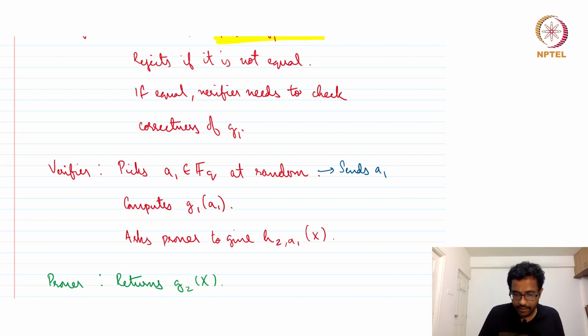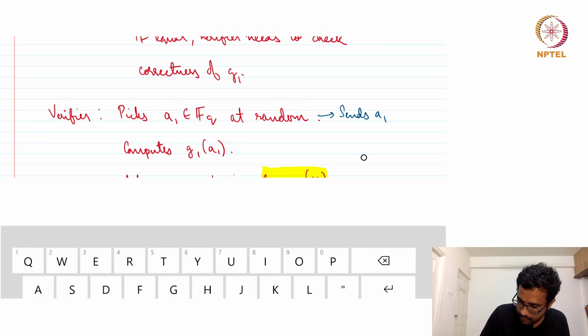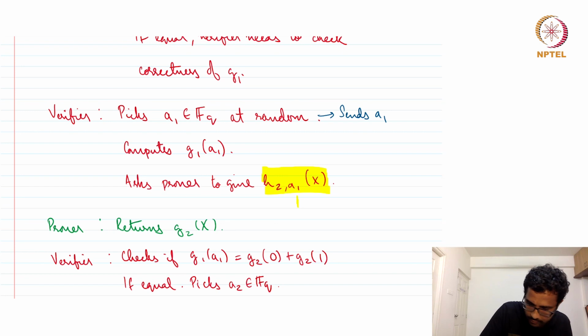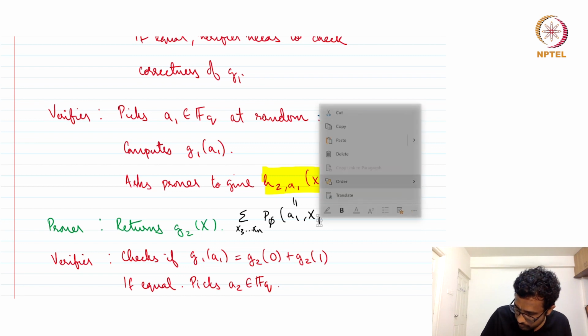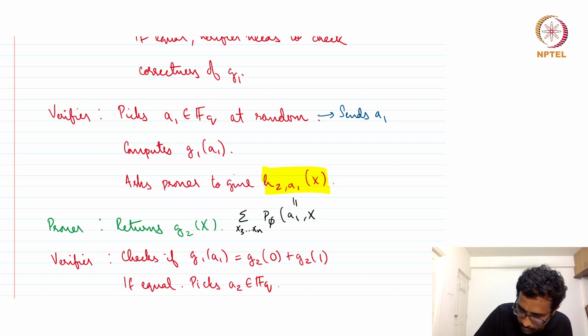So the prover has to provide h2 a1 of x, which is the summation over x3 up to xn of p phi of a1, x, x3 up to xn.